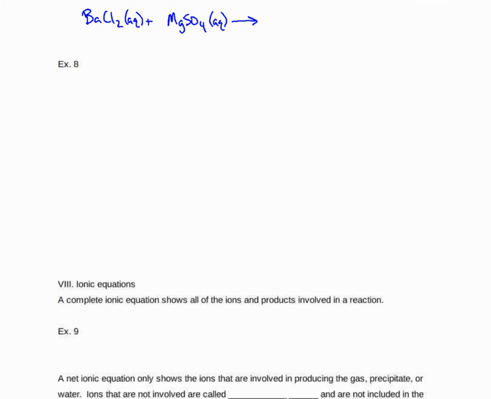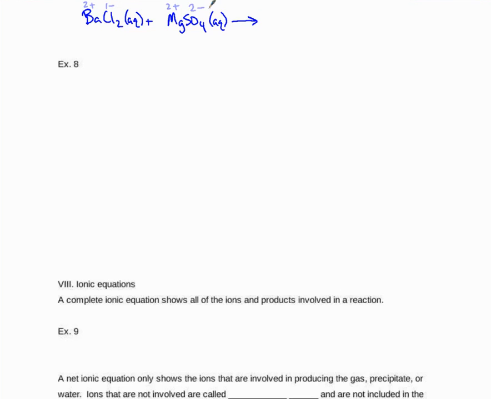First thing is predict the products. This is where it's helpful to know their charges. So this Ba is in group 2, Cl is in group 17, magnesium's in group 2, and there's one magnesium for every one of these SO4s.